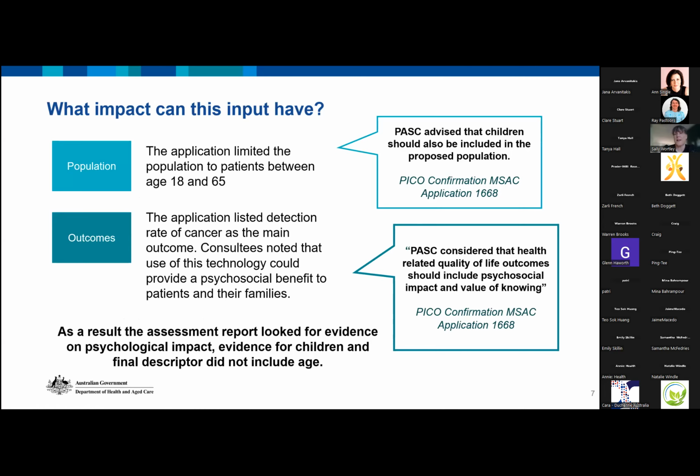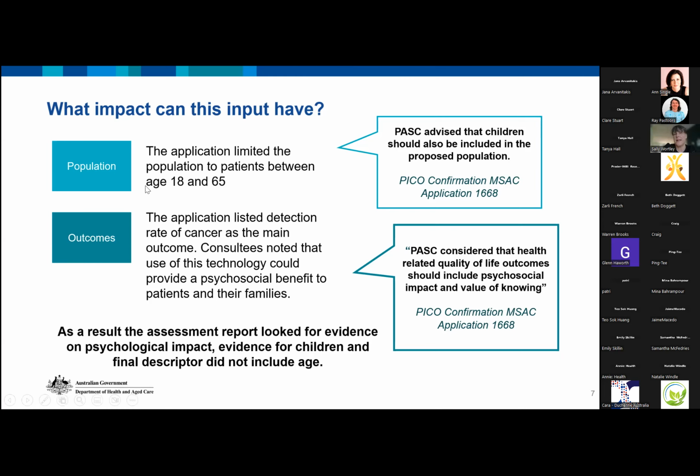So this slide, I've just got a brief example of some information that might have been presented in an application form, and then what's happened after the PASC has had its meeting. And I'm using the same example from 1668, which was the MRI for detection of cancer.